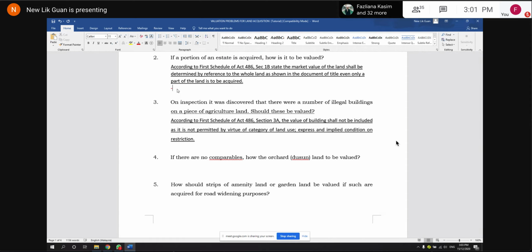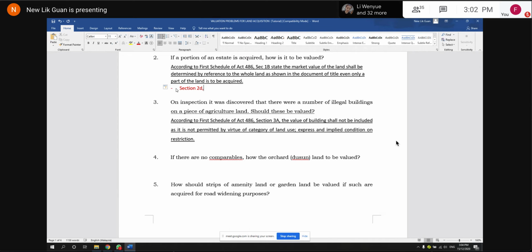Can others give an opinion on what to add to make the answer complete? Okay, Section 2D. What does Section 2D say? Section 2D mentions that if you want to acquire estate land, you need to take into consideration Section 214A of the National Land Code. Yes, correct.